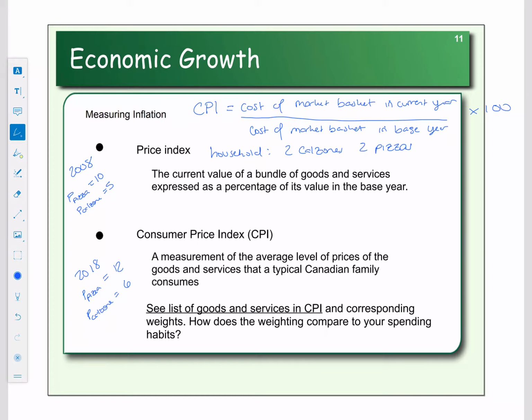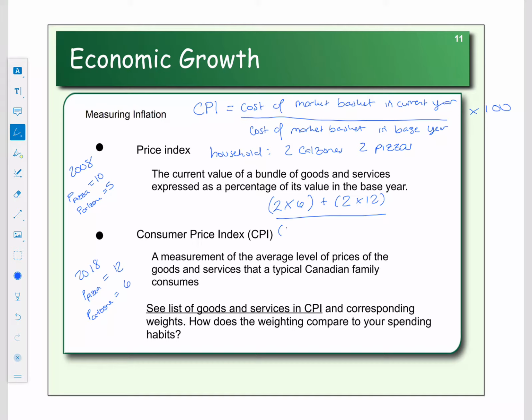All right, so let's calculate CPI. The typical household buys 2 calzones, and in 2018, the price of the calzone is $6. The typical household buys 2 pizzas, and in 2018, the price of those pizzas is $12. Okay. Now, for the bottom of the formula, we need the cost of that basket of goods in the base year.